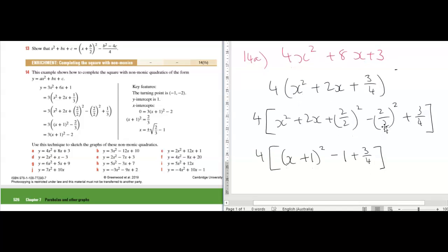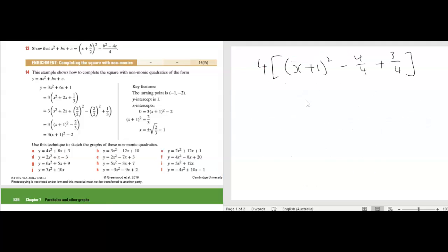So we've got now 4. Keep your square bracket, and I'll explain why in a second. When you're adding fractions, I always find it's easier to have them as the same denominator. So I've just rewritten it here, so I've got a bit of space.